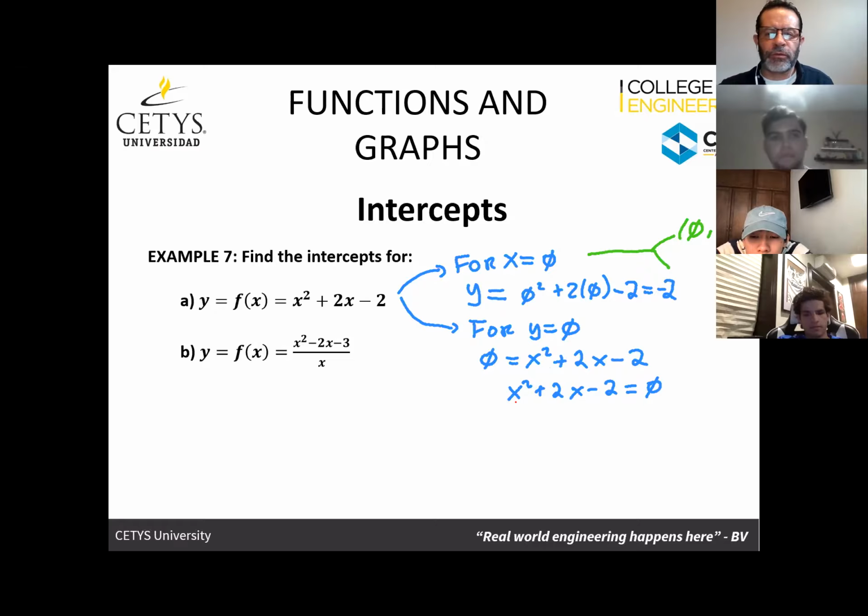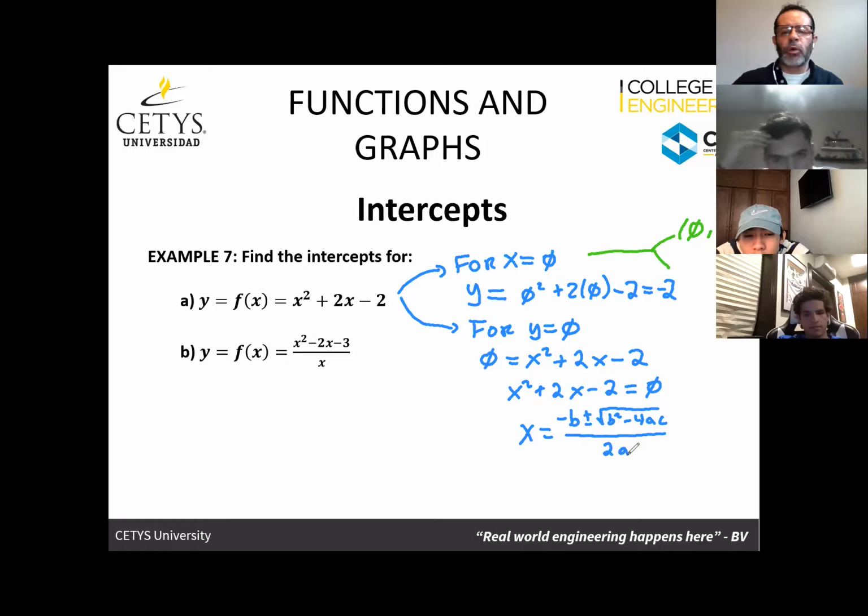So if we use the general formula here for this one, and you can help calculate that as well, X is going to be, remembering the general formula, minus B plus minus the square root of B squared minus 4AC divided by 2A, where A, B, and C are the coefficients of the trinomial.